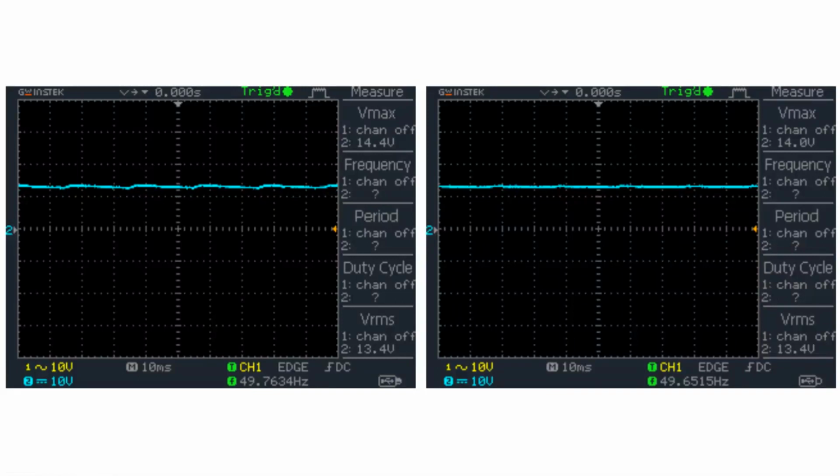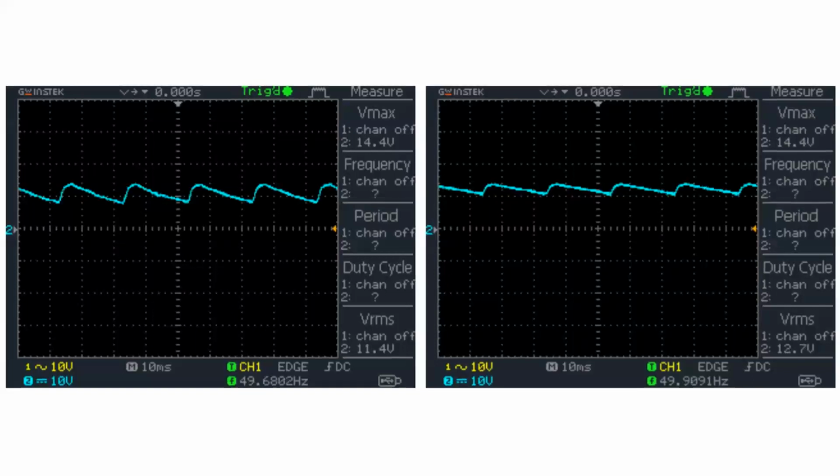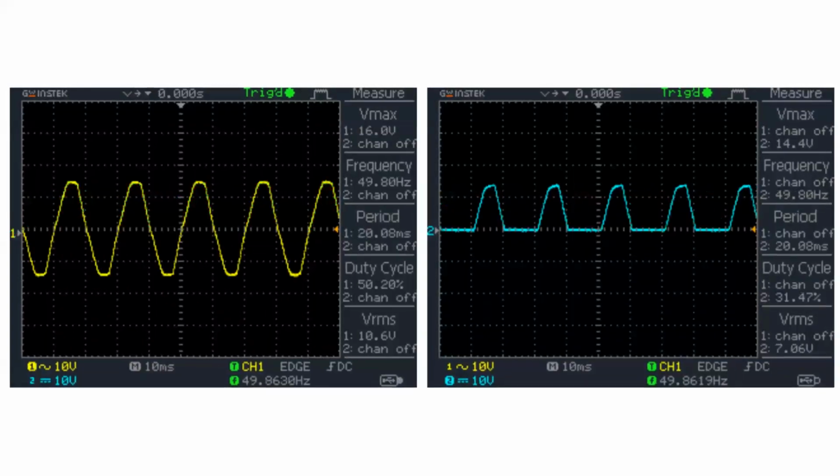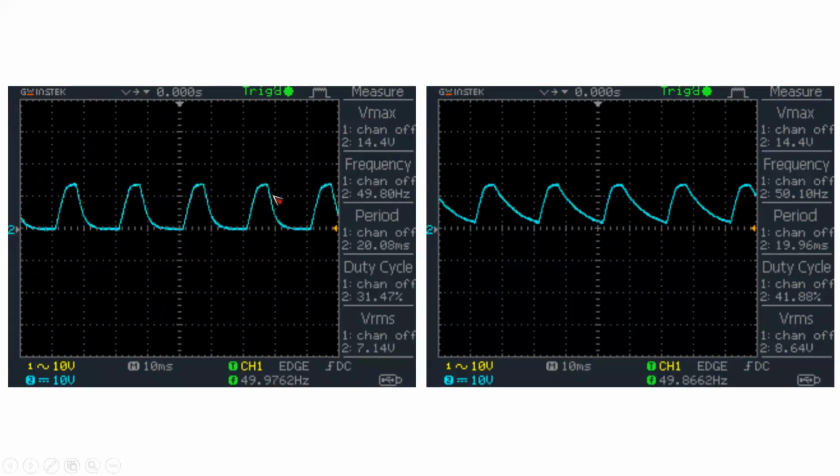But I believe you should use anything below 100, not more than 100. Why? Because as you can see, your highest output value here is 14.4.